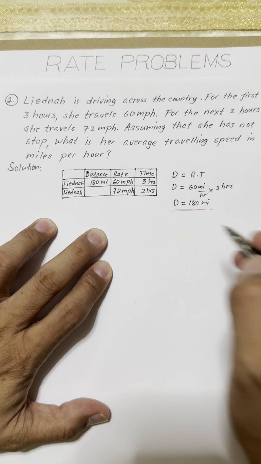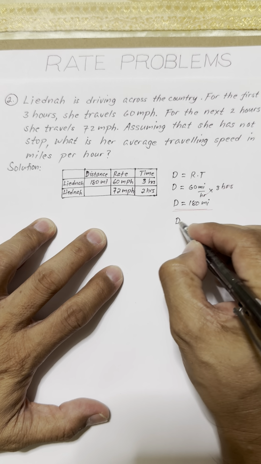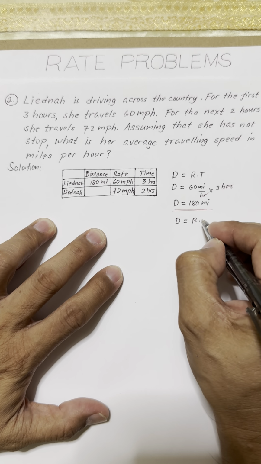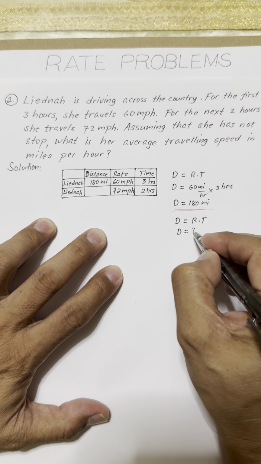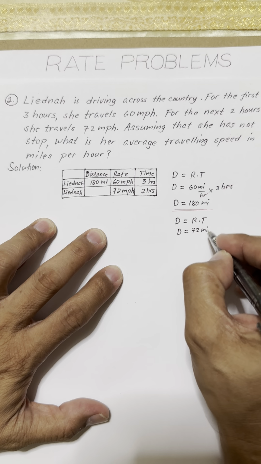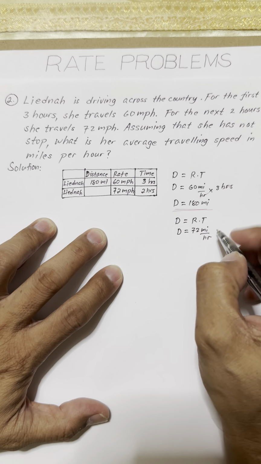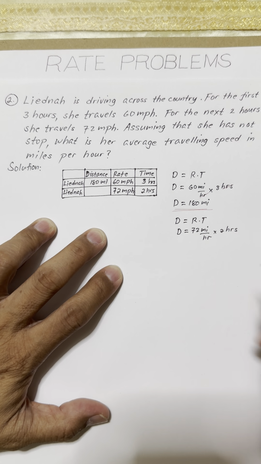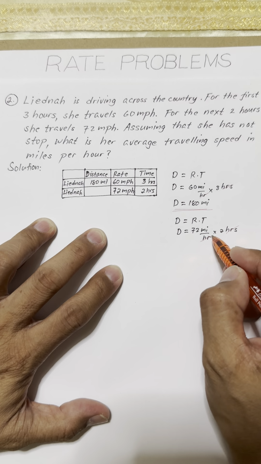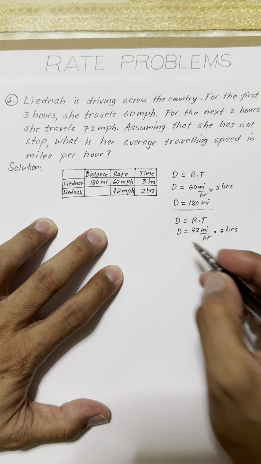Then for the next 2 hours, distance again is rate times time. Substituting, the rate is 72 miles per hour, multiplied by 2 hours. Again, we have hours at the numerator and hours at the denominator, so that cancels out.